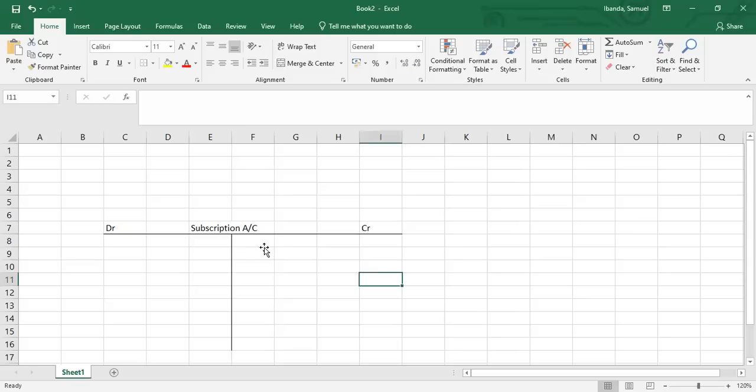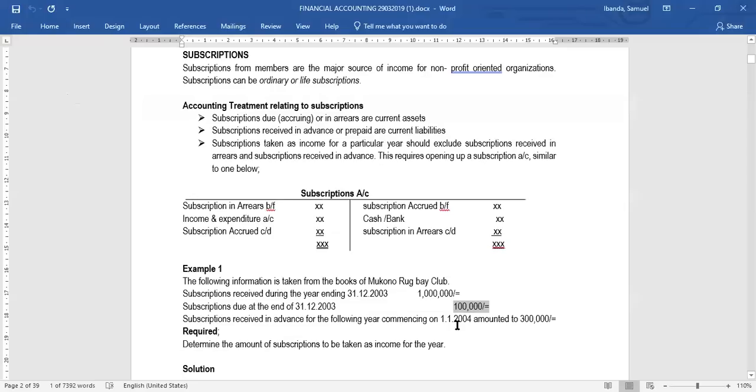Okay. So remember, they told us that any subscription that is received in advance here, okay, let's just look at what we have so maybe you can easily relate. So from our question here, we have subscriptions received during the year.